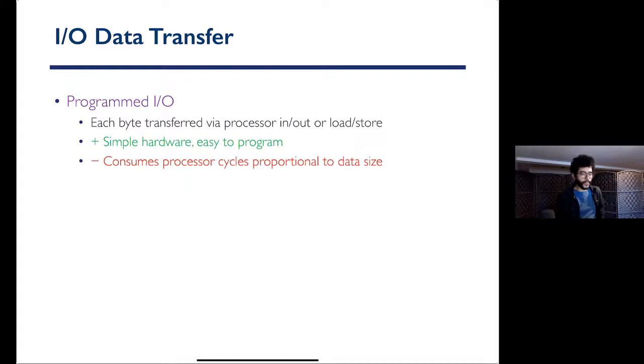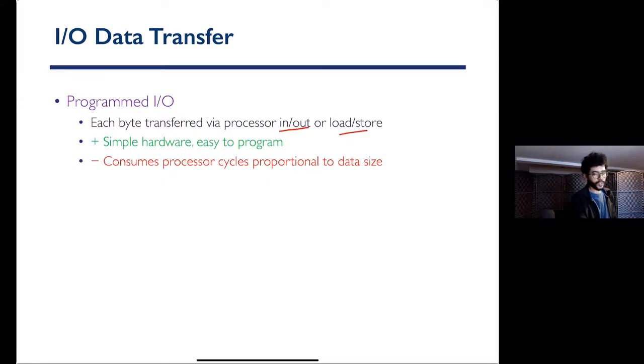Now, there are two types of data transfer between memory and I/O devices. The first method is called programmed I/O. In this method, every byte that we're sending to the device involves CPU time. The same way that we do load and store, for example, to write to memory, we might have in/out or load/store to the device.